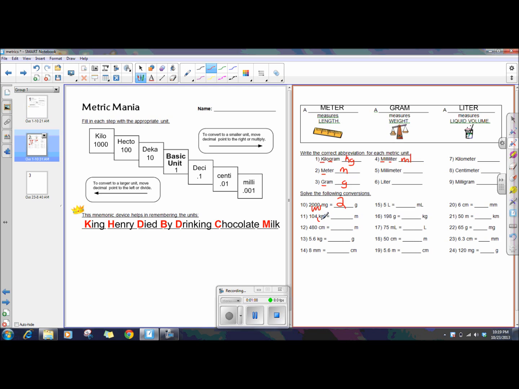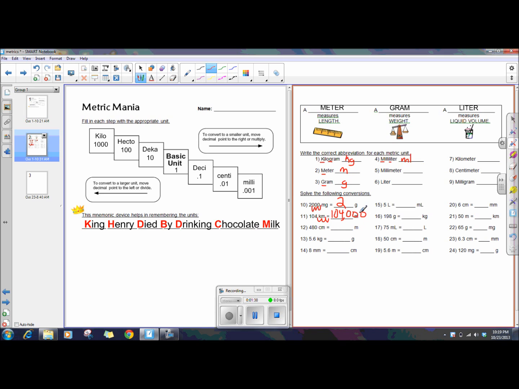But oh, I got all these blank spots. I wonder what goes in those blank spots. And yes, you are correct. Those blank spots are to be filled in with the number 0. So this is 104,000 liters. And if I can fit all the zeros in their place.